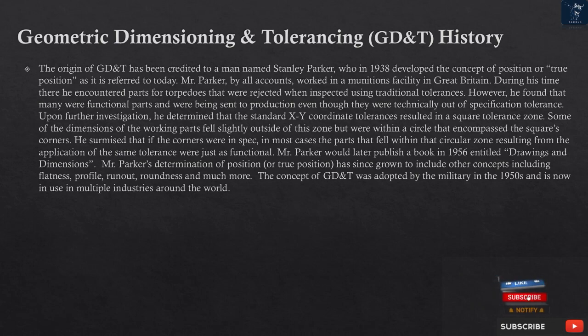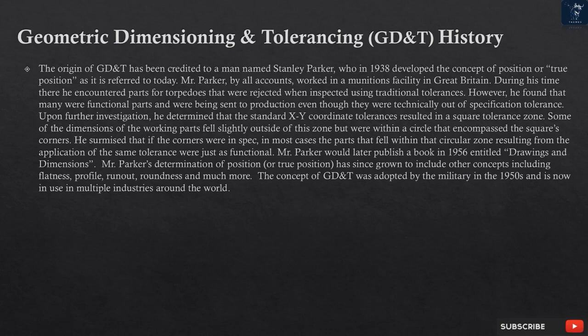Some of the dimensions of the working parts fell slightly outside of this zone but were within a circle that encompassed the square's corners. He surmised that if the corners were in spec, in most cases the parts that fell within that circular zone resulting from the application of the same tolerance were just as functional. Mr. Parker would later publish a book in 1956 entitled Drawings and Dimensions.